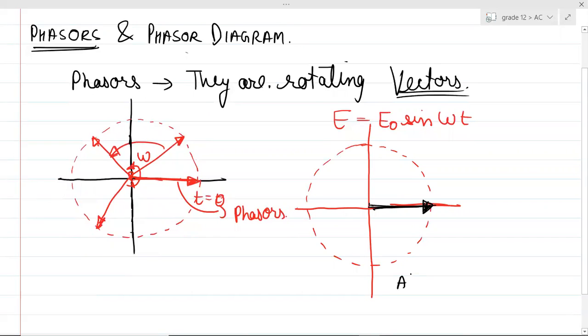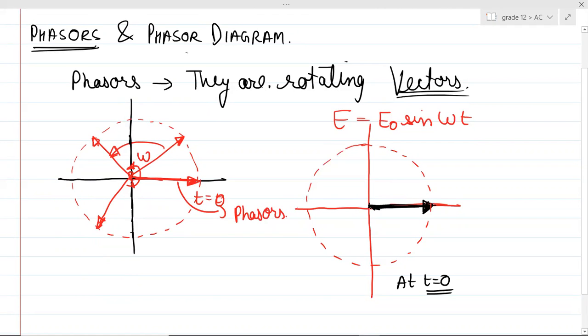At t equals 0, the phasor will be over here. I'll tell you the reason after a short while. Suppose E equals E naught sine omega t, then always remember at t equals 0, this phasor should be parallel to the x-axis. I'm trying to make it as short as possible because those people who have done SHM already know, and those people who are new can at least grab the basics of what exactly a phasor is, right?